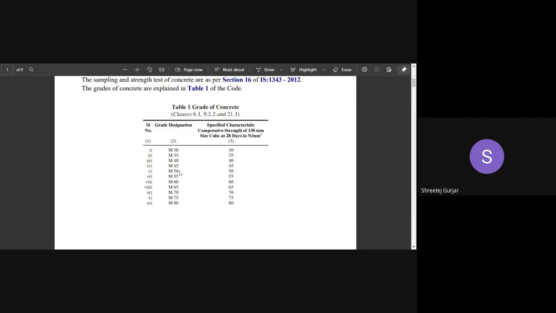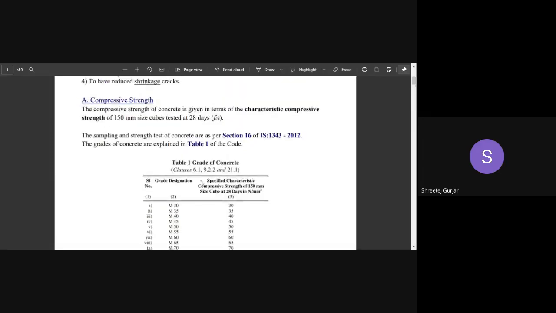Whatever the number mentioned here is nothing but your characteristic strength at 28 days in Newton per mm squared. Suppose it is M60, your characteristic strength will be 60 Newton per mm squared, right? So that is your FCK. So this is regarding the compressive strength of your concrete.